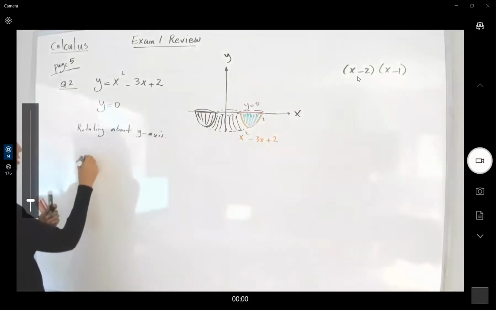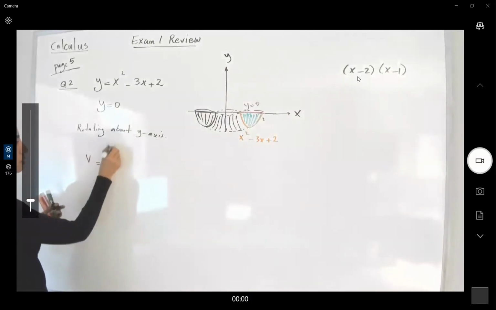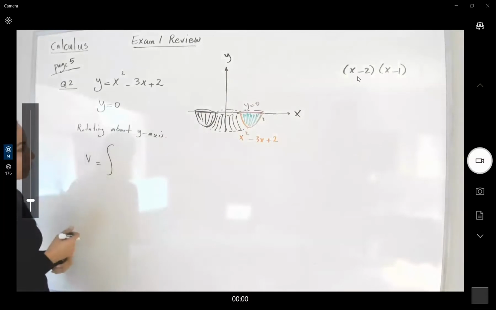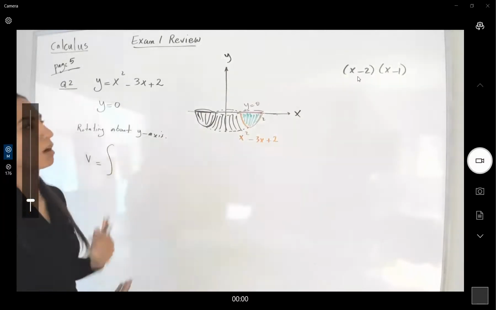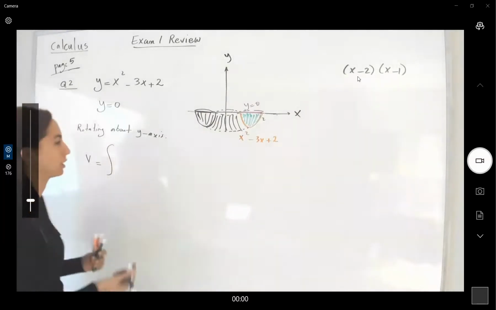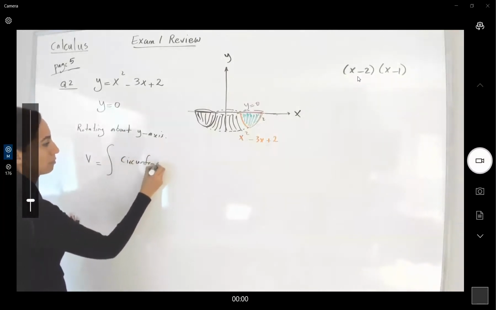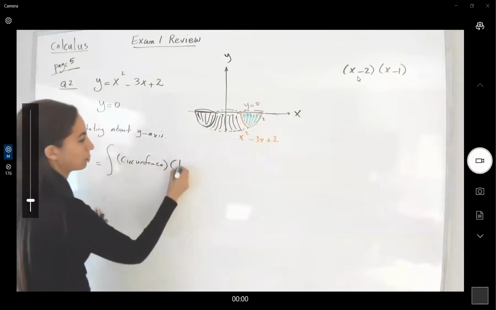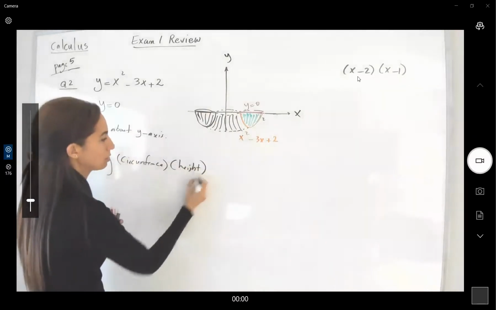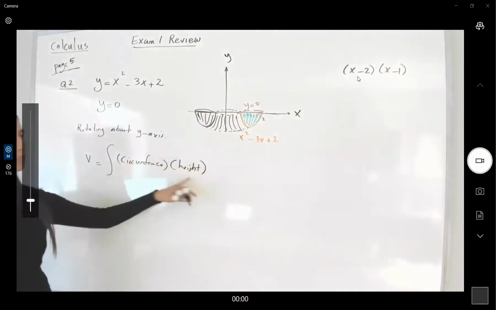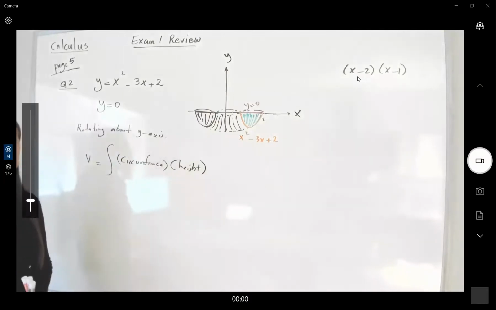So V, the volume, is equal to the integral of the circumference times the height. If you find these two, the rest is easy.